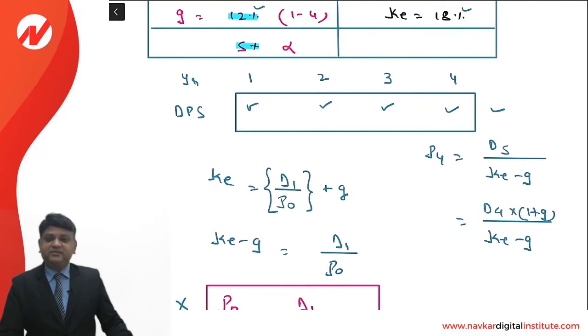So the sequence in which I suggest students to answer is this. First working note will be calculation of the dividend per share for 5 years from end of year 1 to end of year 5. Second working note will be calculation of the P4, that is price of security at the end of the fourth year, which has two meanings: the sale value of the security at the end of the fourth year and discounted value of the dividend to be received by the investor from fifth year onwards for perpetuity.